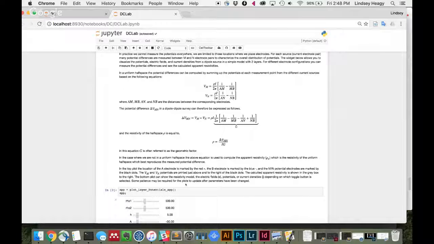So it's going to be rho naught I over 4 pi r. So now I've got, at any particular point here, whatever my potential is due to these two current electrodes.